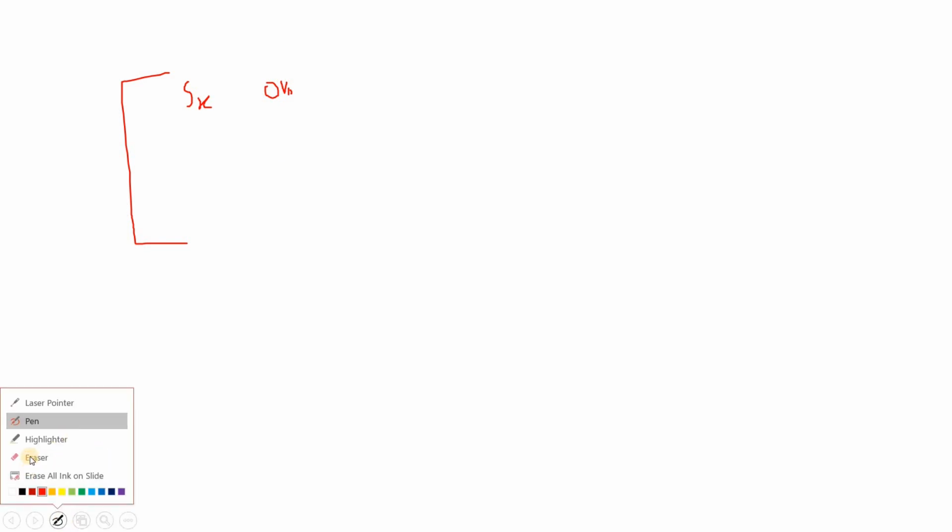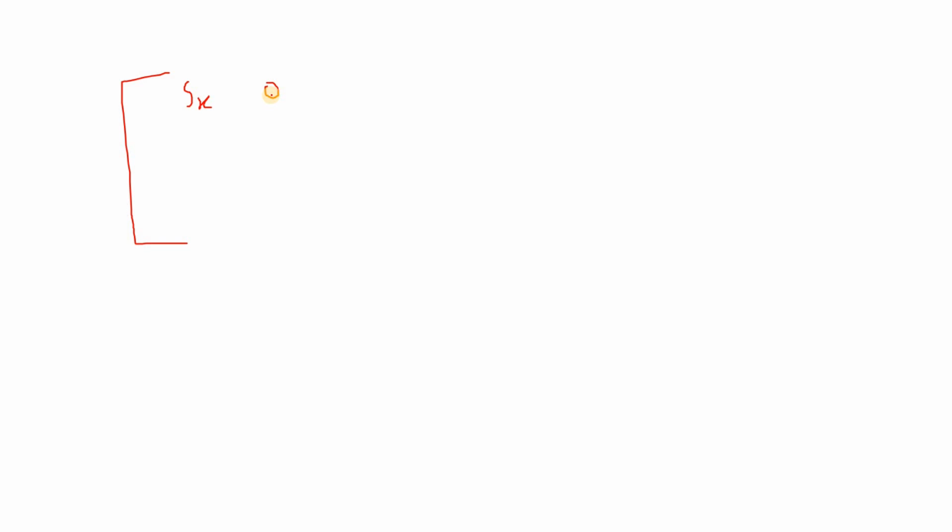Here, let's say this is going to be the first matrix. Here we have the SX, then we have the 0. This isn't actually 0, this is 0 into VA. You can write VA here if you want, but since this is ultimately going to be 0, we are writing the 0. We're not going to put the deflections here, we're just going to put the stiffnesses. So this is going to be the stiffness matrix.